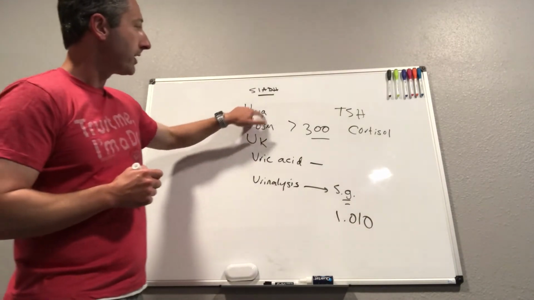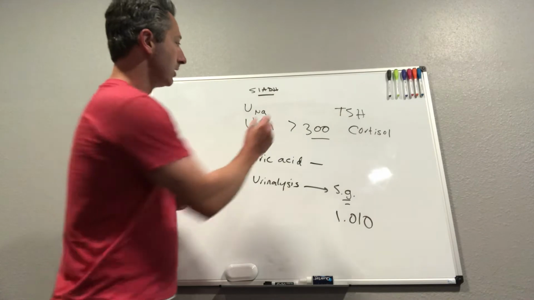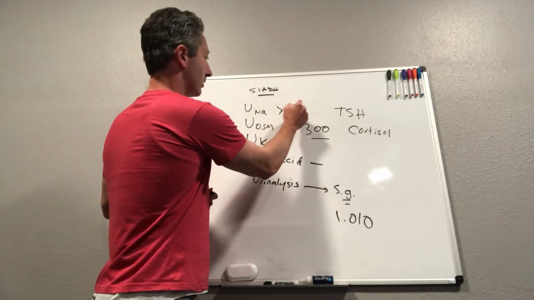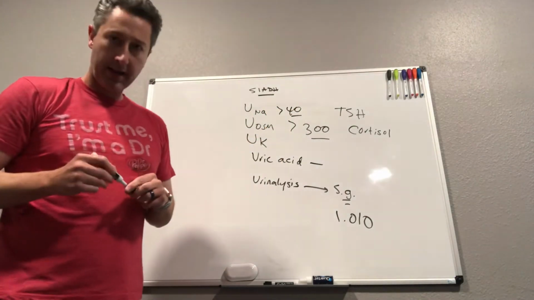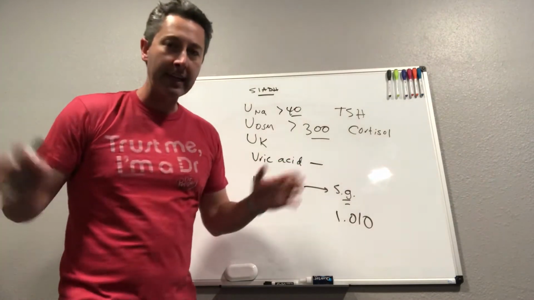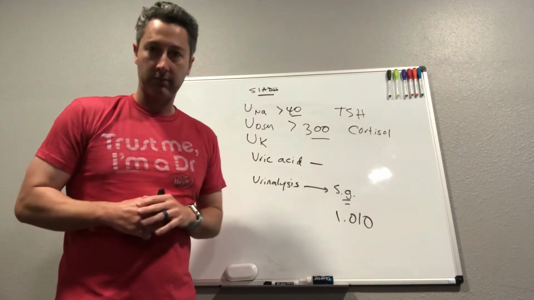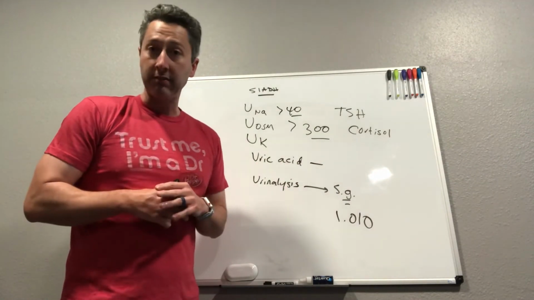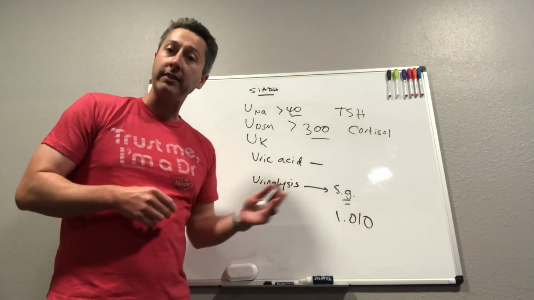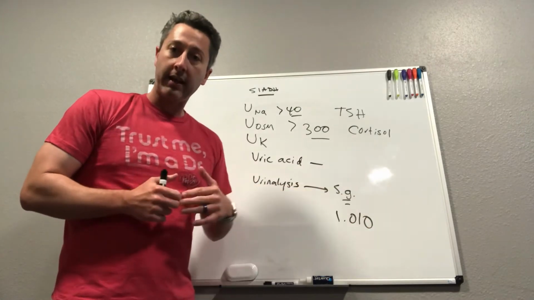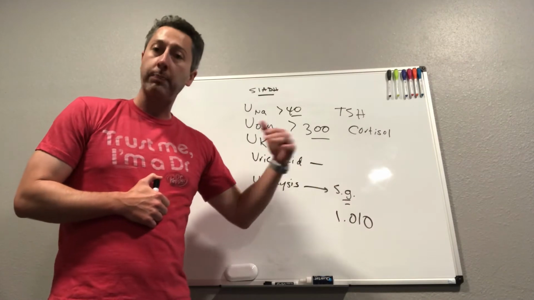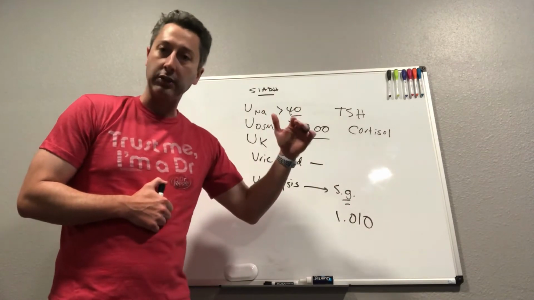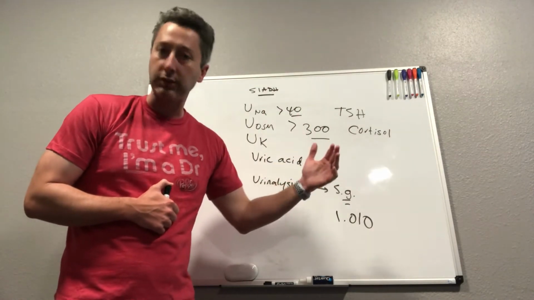So urine sodium in settings of SIADH is typically over 40. And the reason why is, remember, in SIADH, I'm euvolemic, okay? By definition, the patient is not hypovolemic. If you were hypovolemic, the natural response is to increase your ADH level. So that's an appropriate ADH response.